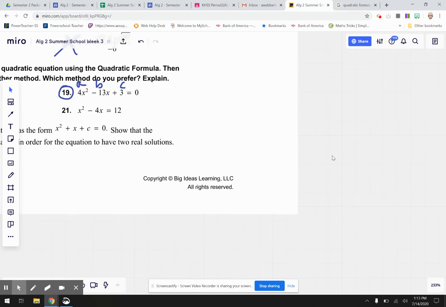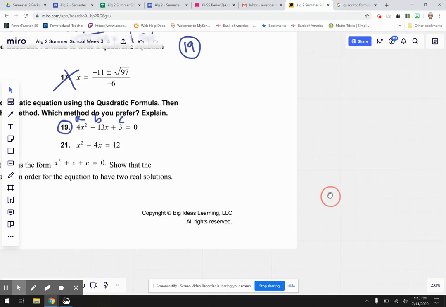So we have x equals, opposite of b would be 13, plus or minus the square root of negative 13 squared minus 4 times a, which is 4, times c, which is 3, all over 2 times a.